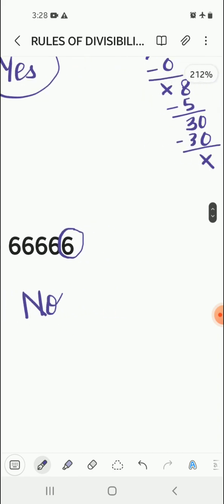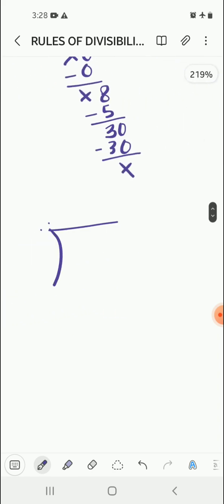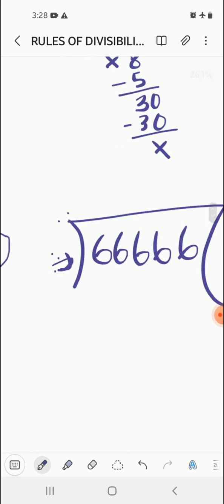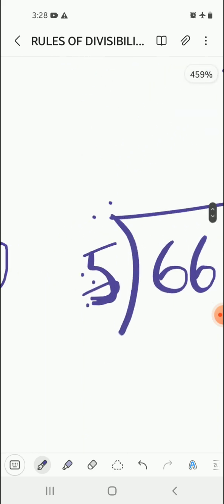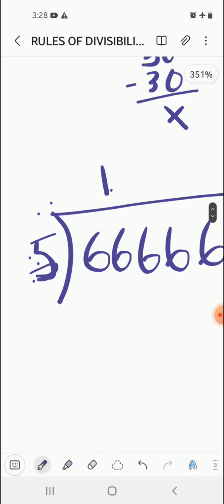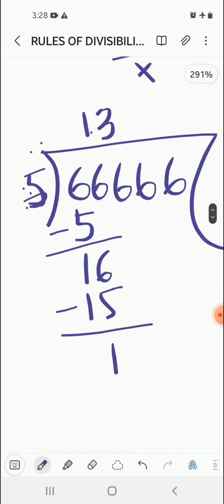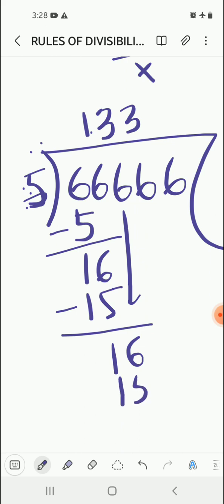Check the answer. See, once we divide it, 6, 6, 6, 6, 6, by 5, what we get is 1 and then 16. Again, 5 threes are 15. Again, 1. Again, the 6 moves down. Again, with 3, it is 15.